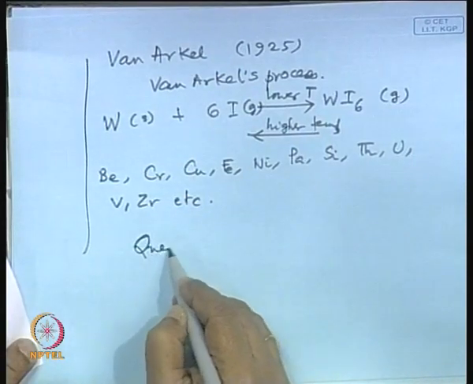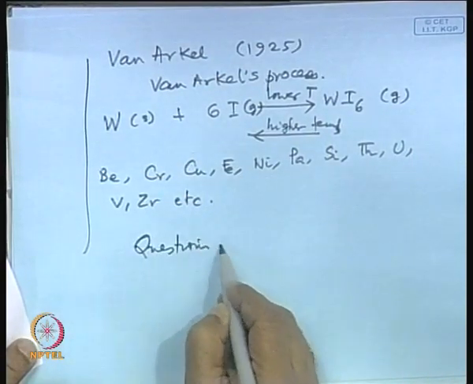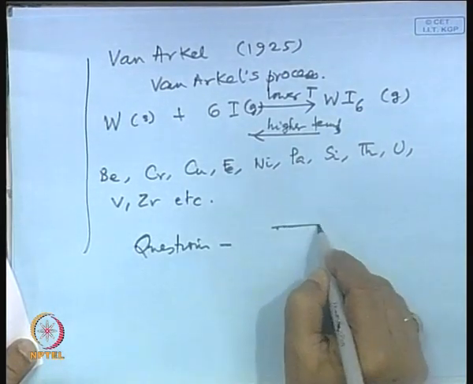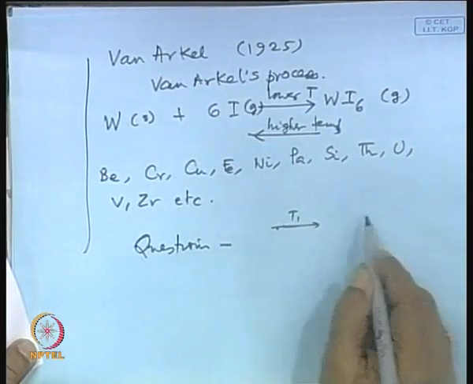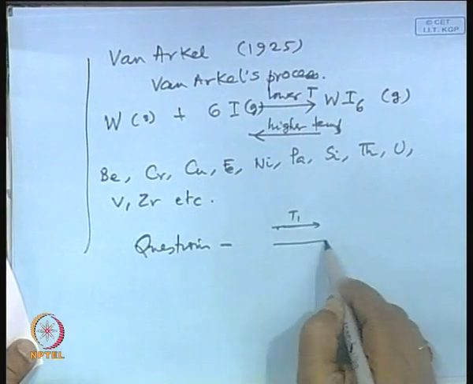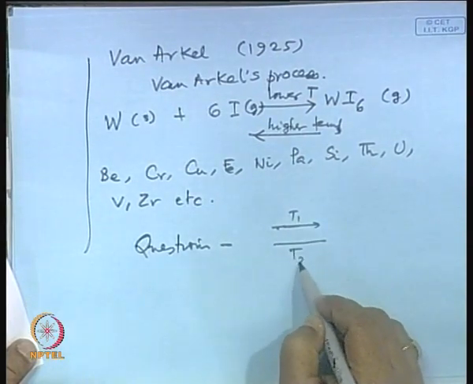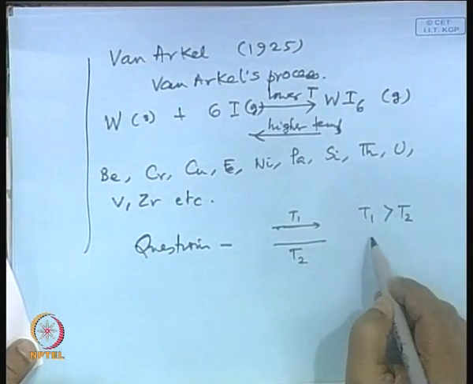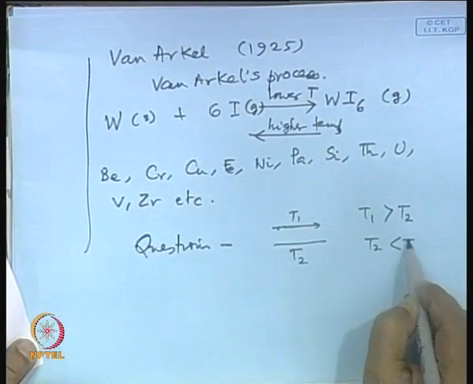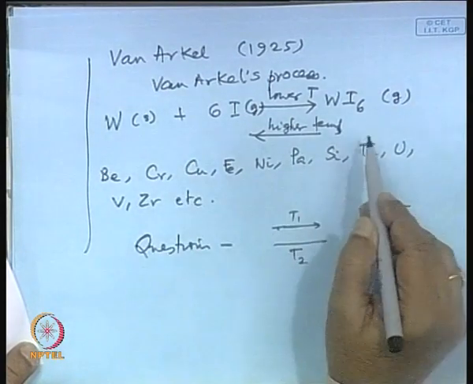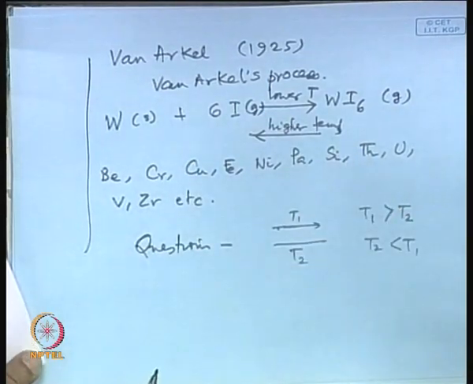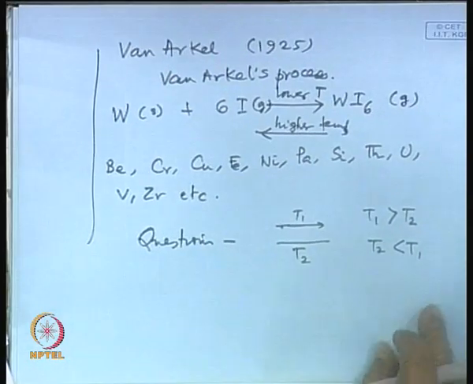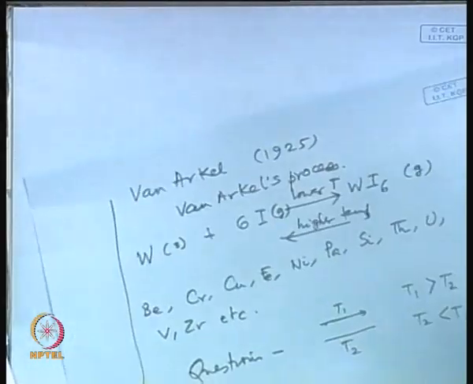Questions that come to our mind are: when will the temperature for the forward reaction, T1, and the temperature T2, when will T1 be more than T2, when will T2 be less than T1, when is this achievable, when is this not achievable, what are the thermodynamic conditions for that? I would like to discuss that.